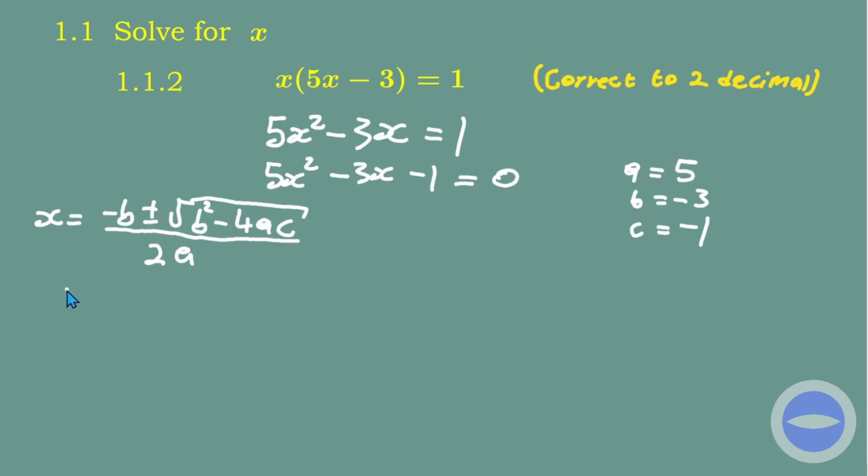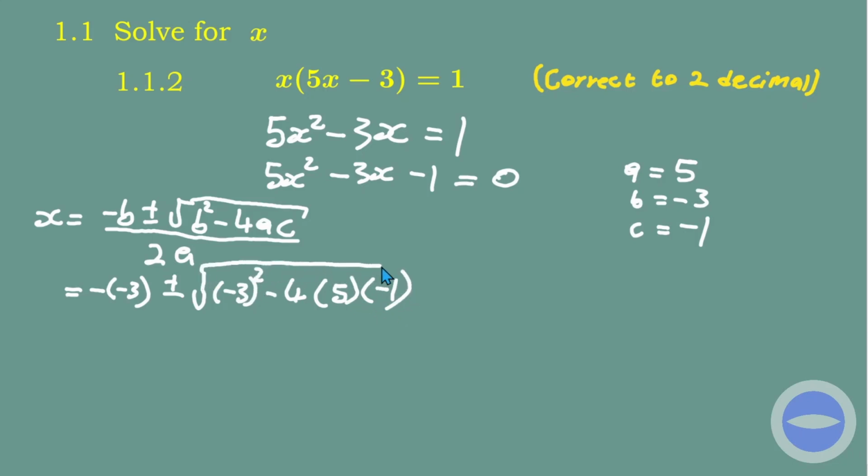So b is negative 3, and I still have a negative in the formula. So I will have negative times negative 3 plus or minus the square root of, and then b is negative 3, so I'll have negative 3 squared minus 4, and then a is positive 5, multiplied by c which is negative 1.